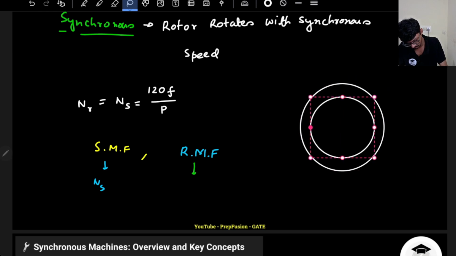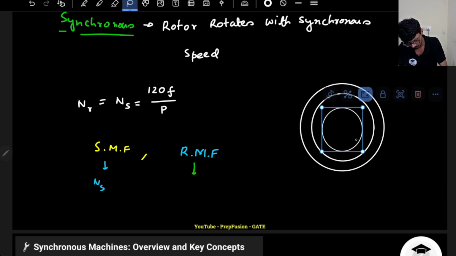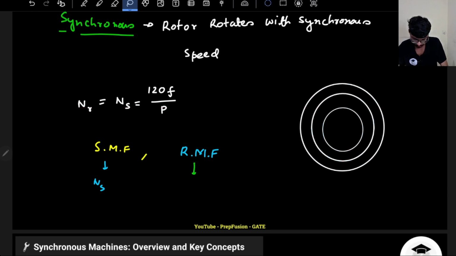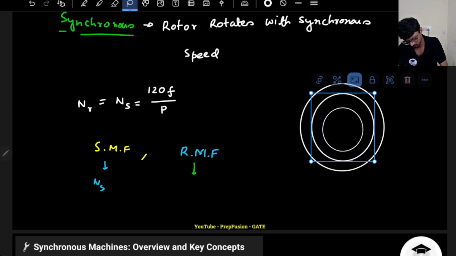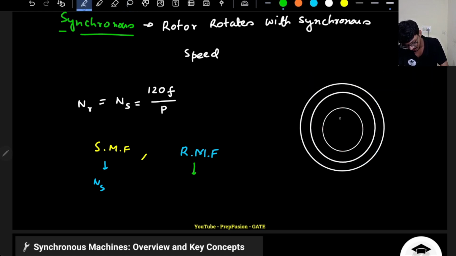and I have this rotor. Now previously what was happening, my rotor was rotating with speed Nr, and my stator magnetic field was rotating with speed Ns. So there was a difference in speed between the rotor and the stator magnetic field.